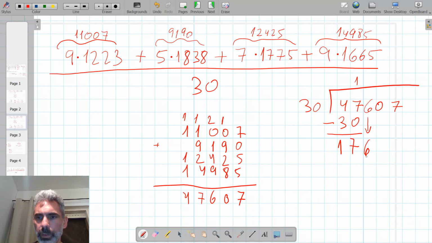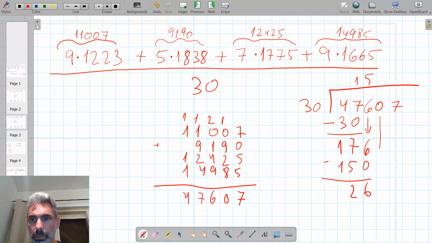How many times? 5 times 30 is 150, sorry. 176 minus 150 is 26. 30 doesn't go into 26, so I bring down the 0. 30 goes into 260 8 times because 9 times is too much, so 8 times 30 is 240.